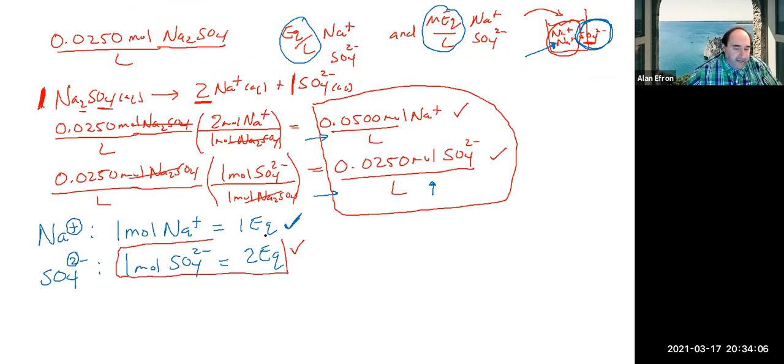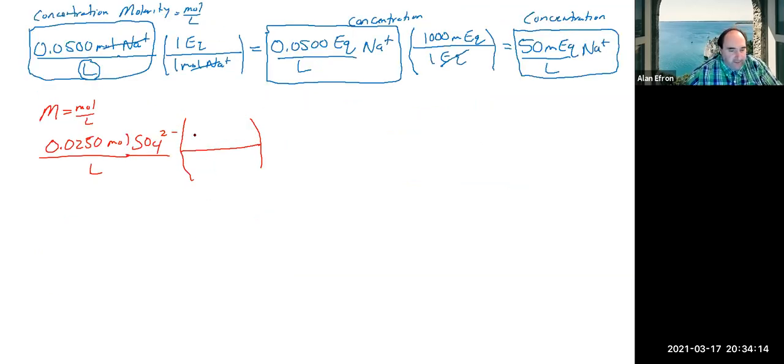Because the sulfate has a 2 for its charge, it gives off 2 equivalents in this case. So we're going to use that as our conversion factor, where we would have 2 equivalents on top, 1 mole of sulfate on the bottom, and the moles will cancel out, and that will give you 0.05 equivalents per liter of sulfate.